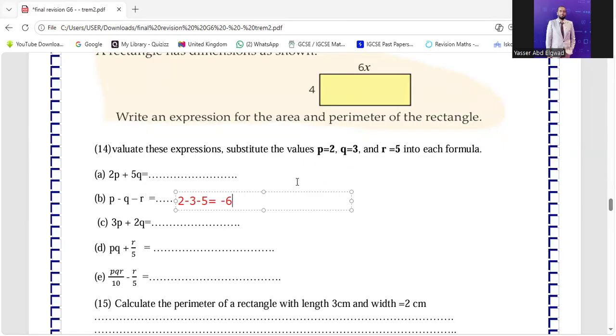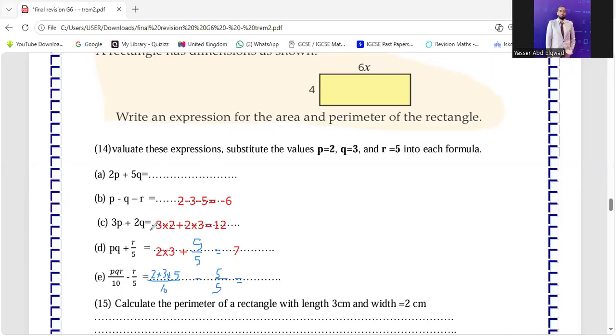Here is the final answer. The next one, here is 2, 3 multiply 3 multiply. Here is p minus q minus r. You substitute 2 minus 3 minus 5. You get -6.